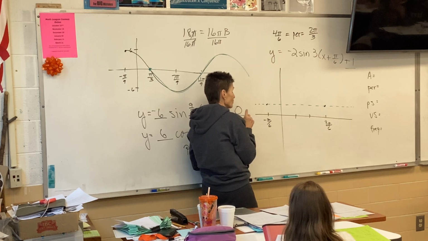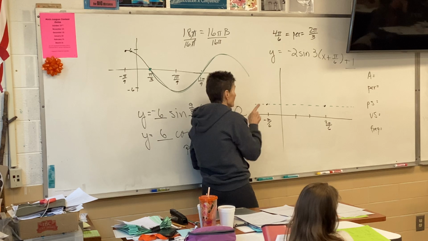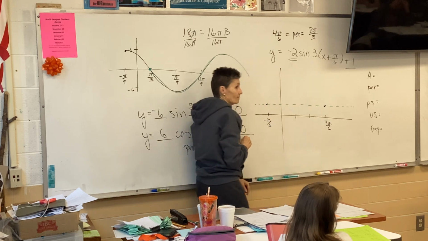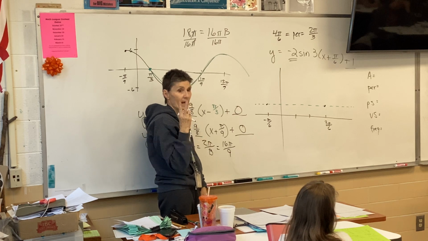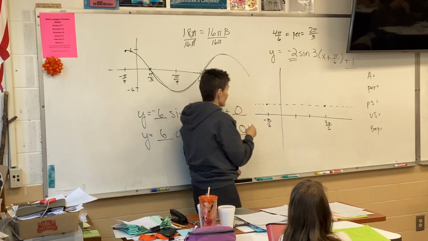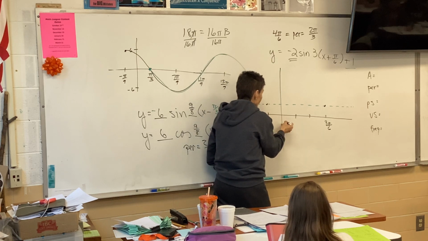In between, there's going to be a hill and a valley. What does this tell me? It starts down. It goes down first. What else does that tell me? It goes down 2. So I'm going to start here, and I'm going to go down 2. So remember, won't that put me at negative 1 now?